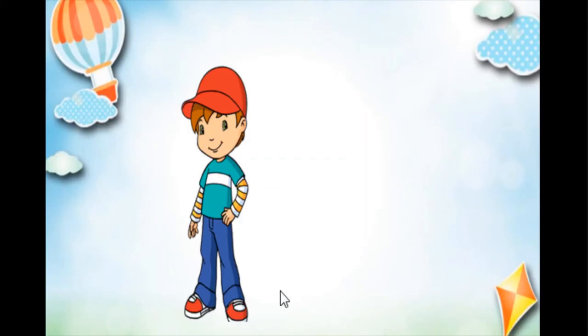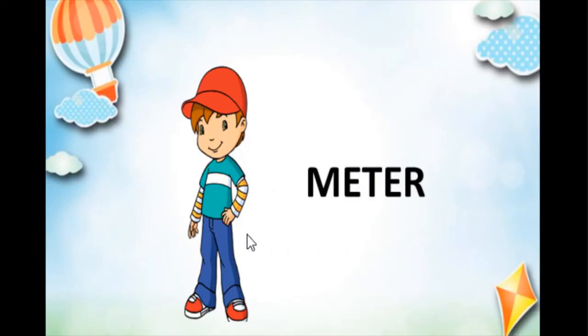Okay, very good. You use the unit of meter. Why? Because this height of the boy is not short nor small. We will use meter. Good job.